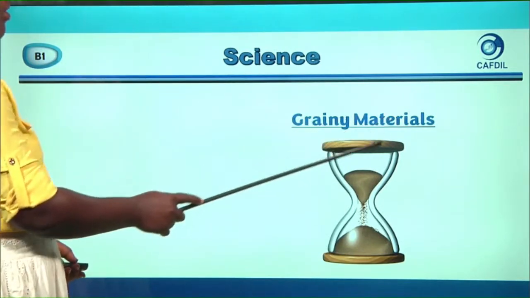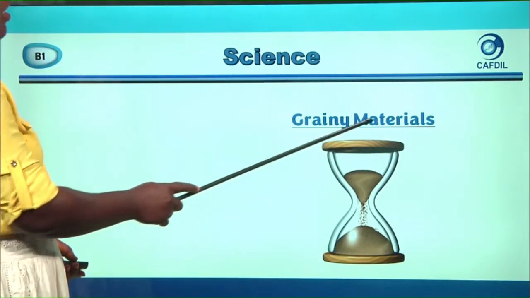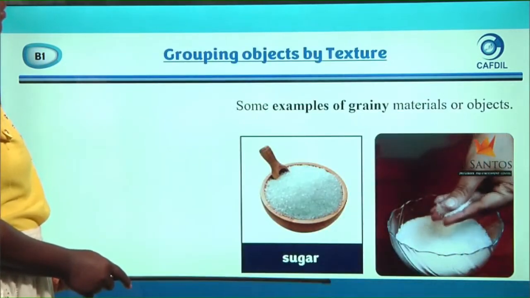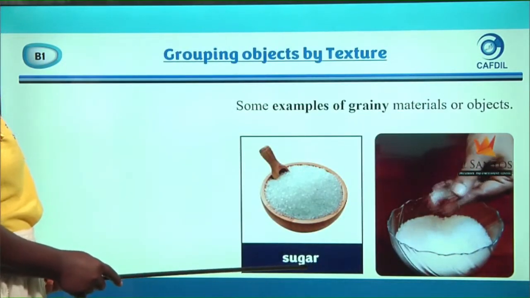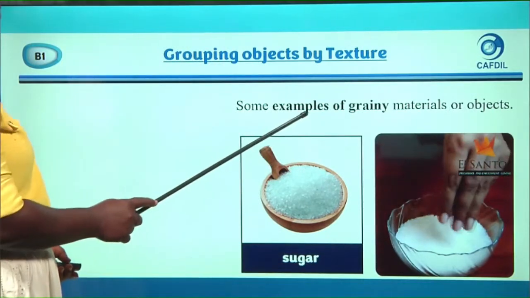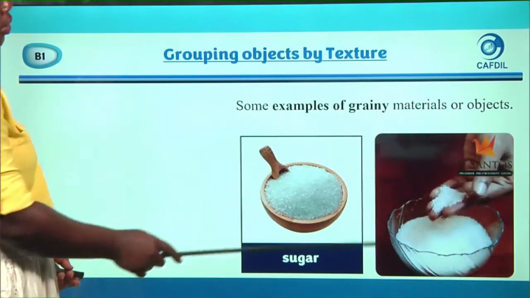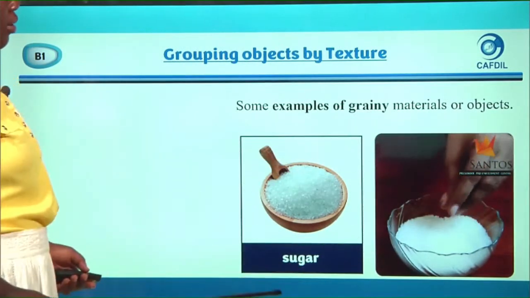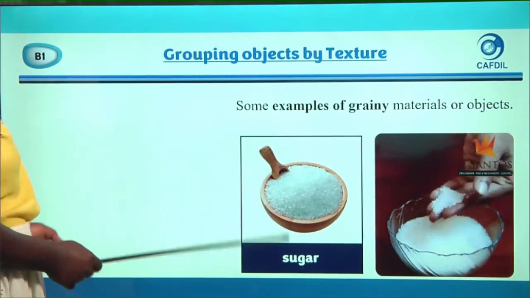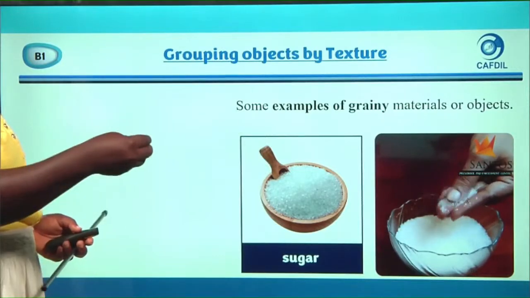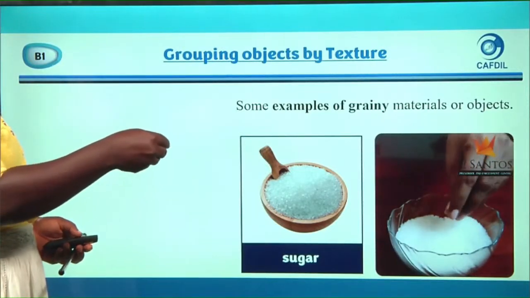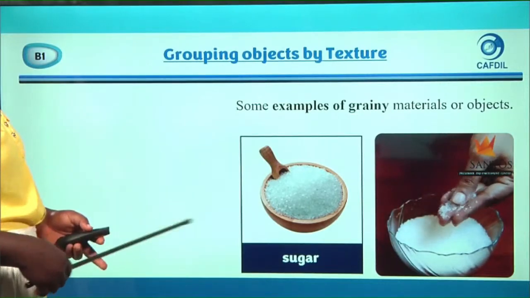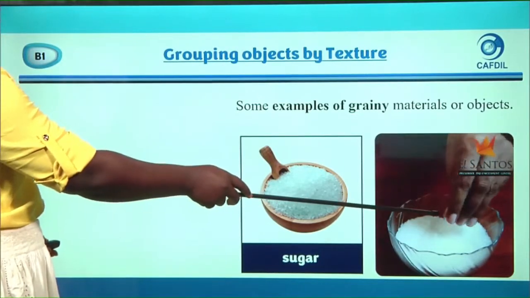Grainy materials. Examples of grainy materials. We have sugar. When we feel sugar, it's grainy.